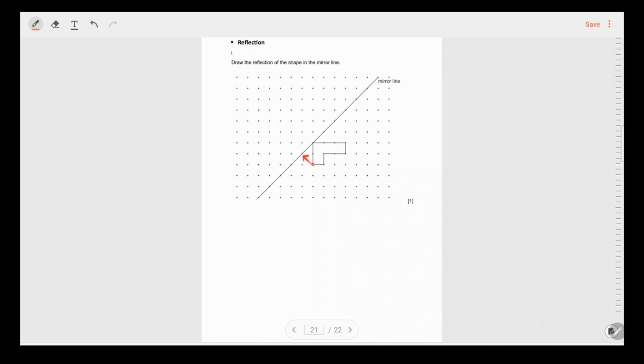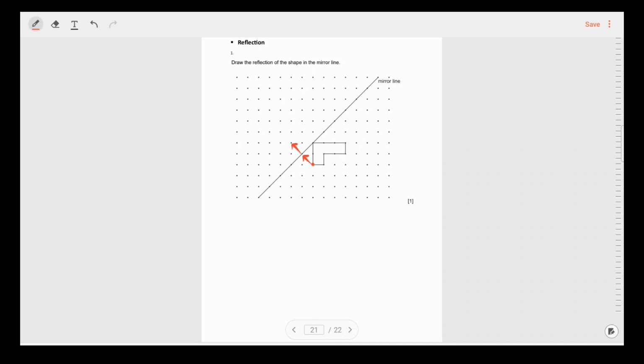So here we need to move one square diagonally to the mirror line, which means that the reflection would be one square away from the mirror line diagonally. Right? So here we are going towards the mirror line.